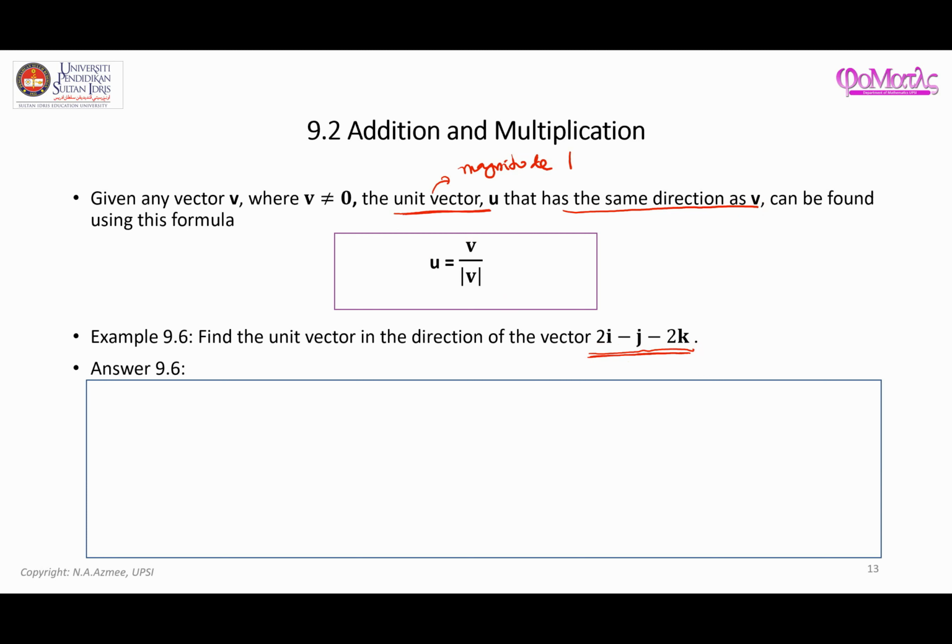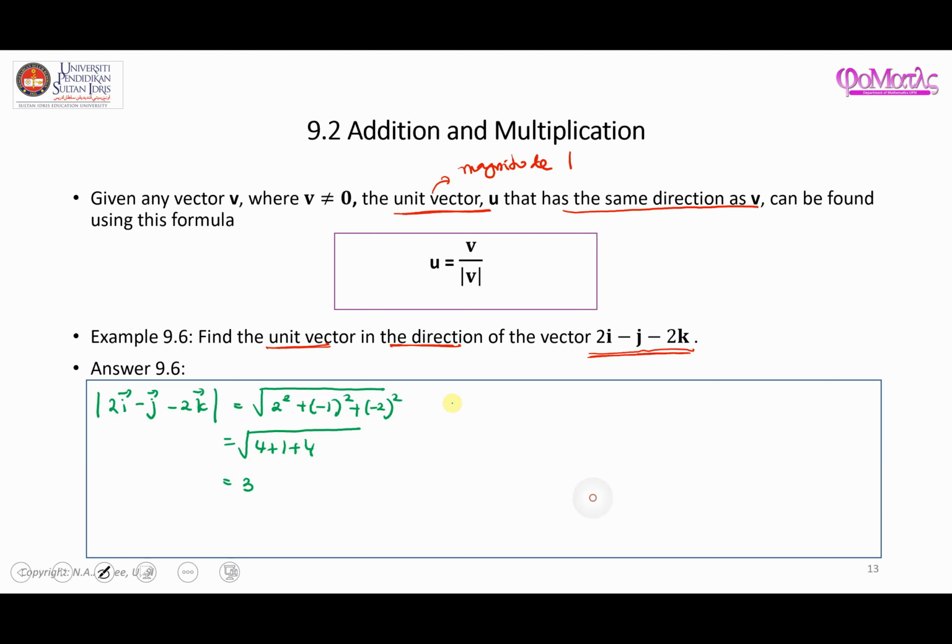So first of all, in order to find a unit vector in the same direction as this vector, you can start by finding its magnitude. So we can find the magnitude of 2i minus j minus 2k, and this will be equal to the square root of 2 squared plus negative 1 squared plus negative 2 squared, and this becomes 4 plus 1 plus 4, which is just 9, so the square root of 9 is equal to 3.